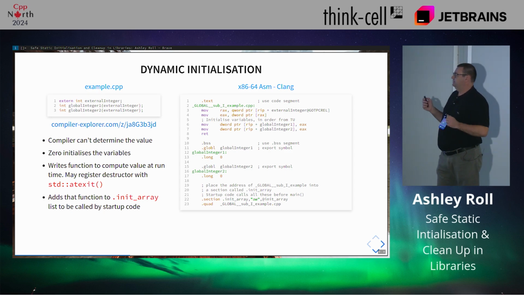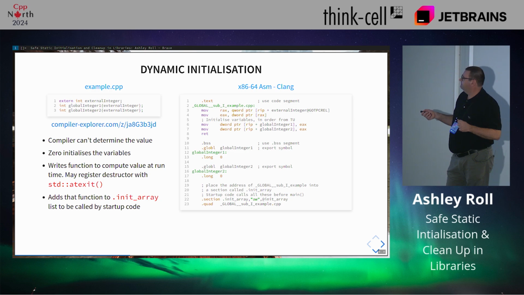And to do that, it's got to play some tricks. So first of all, we see our global values here, again, both exported, both in the BSS segment. In this case, Clang is using .long and setting the value to 0. So it's exactly the same as the .zero directive. It's just Clang prefers to use that, and GCC prefers to use .zero.